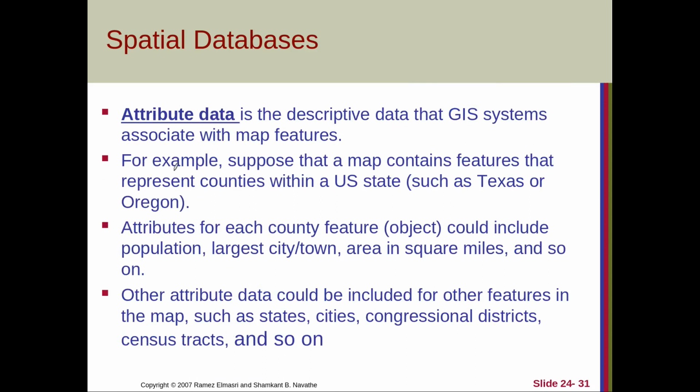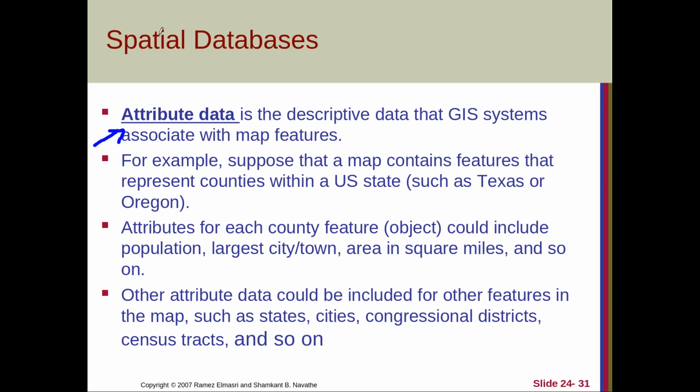Now the second data type that we are following with spatial databases is attribute data. Previously we were discussing map data with its features. Now we are going to represent attribute data. So what is attribute data?